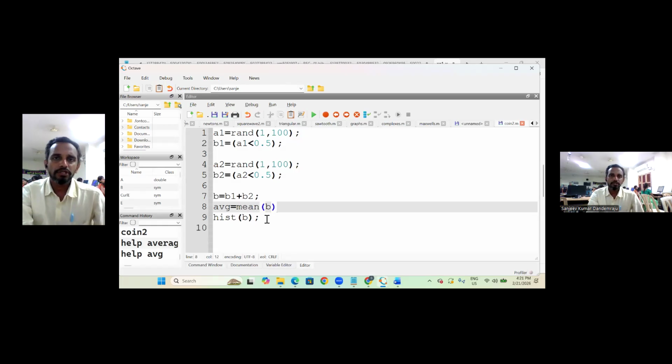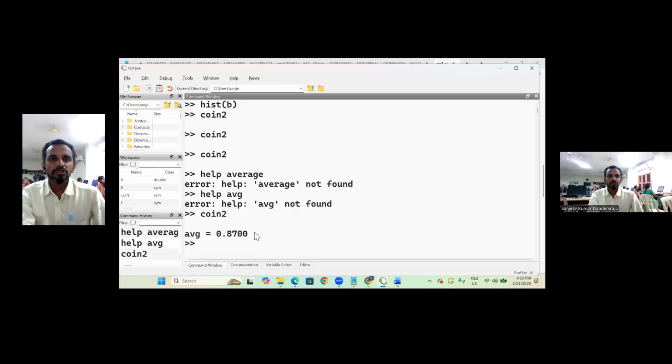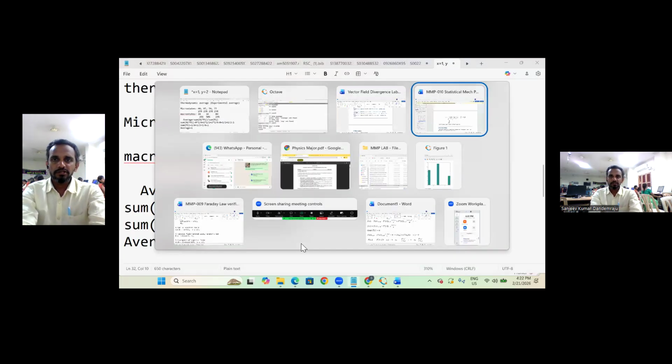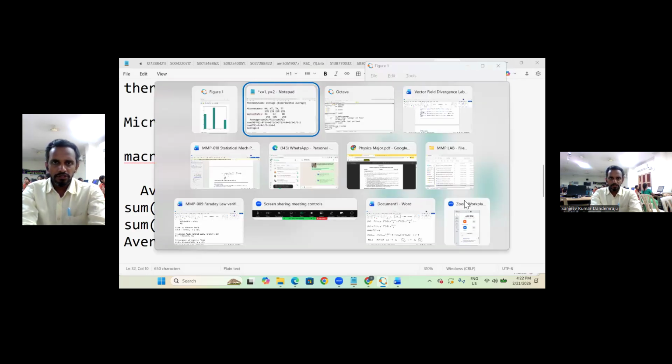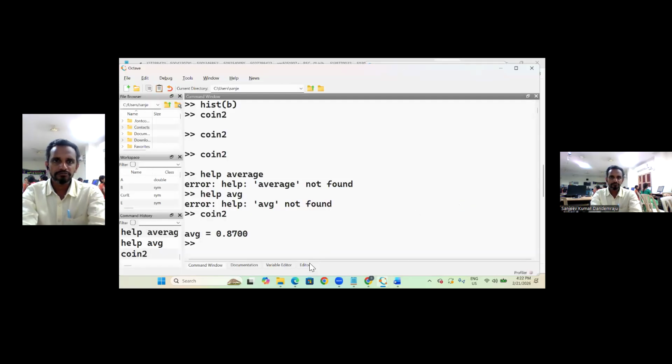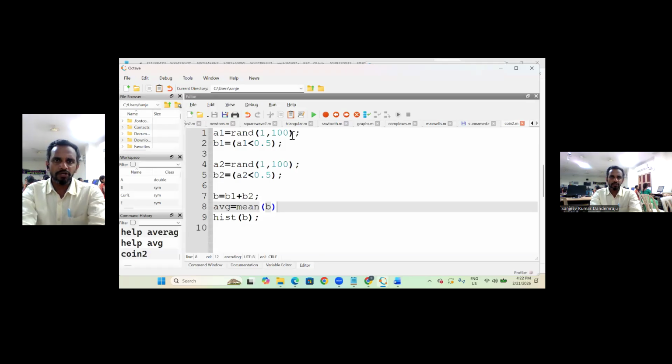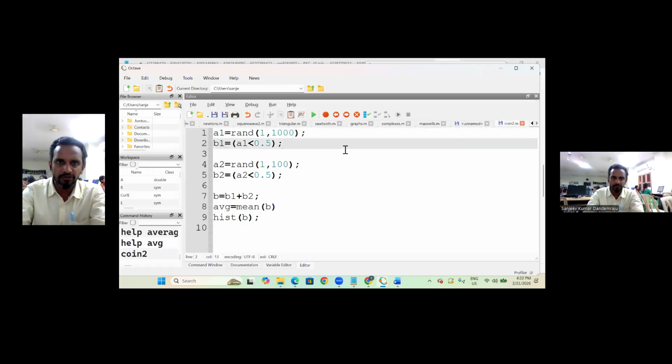So I got 0.87 as the average, and the graph is like this. So if I increase the number of counts, I may get a better average.